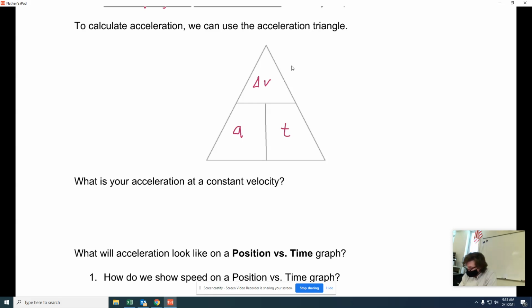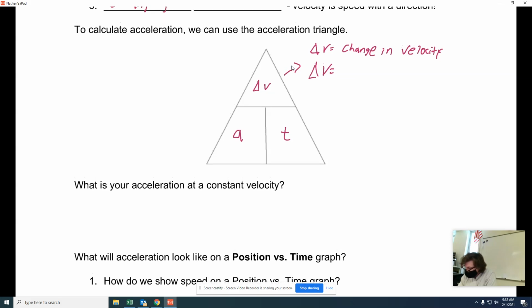So a couple reminders to write ourselves. This delta V means a change in velocity. This is not the first time we've looked at a delta, but as a reminder, the change in velocity is always going to be the final velocity minus the initial velocity.